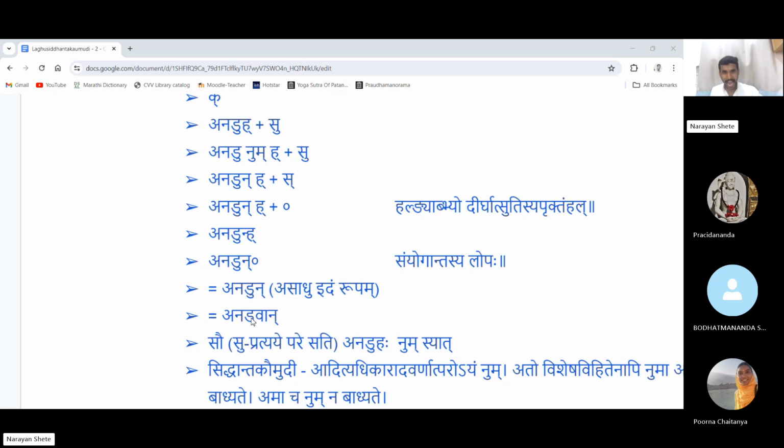If we just take am, then the form will be anadvah, or anadvat, anadvad, that's how two forms will be there. Again, those two forms will be asadhu. What is the desired form here is anadvan. So how will we get that? In order to get this anadvan form, we need am as well as num.